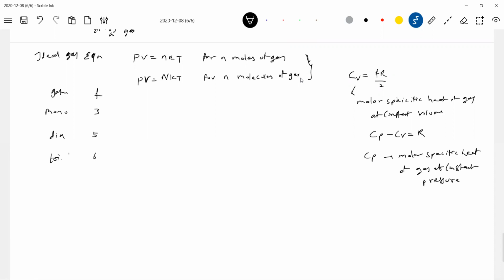Just like a formula you remember, molar specific heat of a gas, Cp and Cv, will define it. Then we'll define a quantity called the adiabatic exponent of a gas. So this gamma is defined as Cp by Cv.